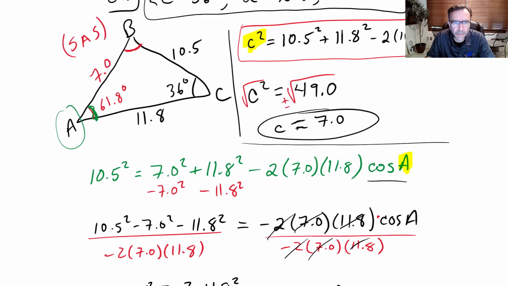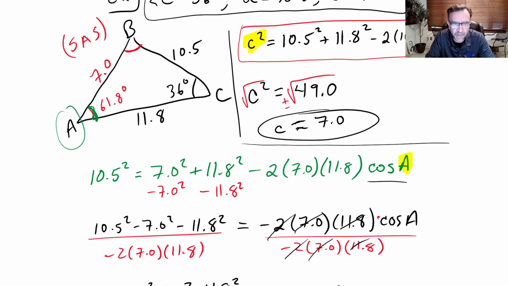We know all the angles of a triangle have to add up to 180, so I'm just going to take 180 minus 61.8 minus 36, and that leaves me with angle B, which is 82.2 degrees. Awesome, so here we were given side-angle-side. Those are the values here in black. And then we were able to apply the law of cosines twice to get the missing sides.